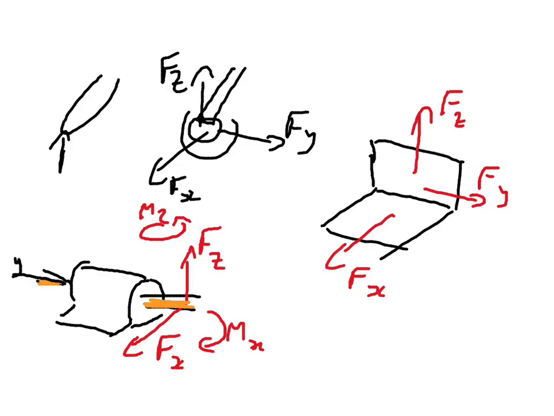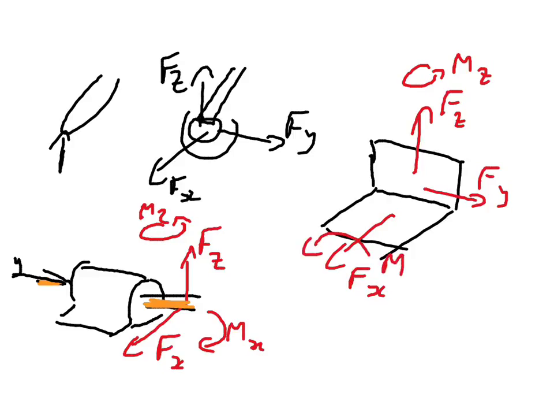If I was to take hold of my lid of my box, we'll assume that this side here is the lid side, with both hands and try and twist it, it's not going to twist. You can't spin the lid of a box. So there is a resistive moment about the Z axis. Equally, if I was to try and twist the box, you can't twist the box easily.